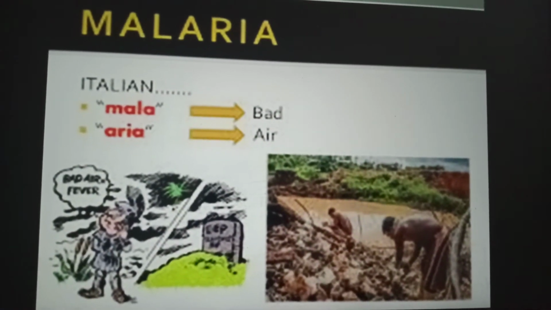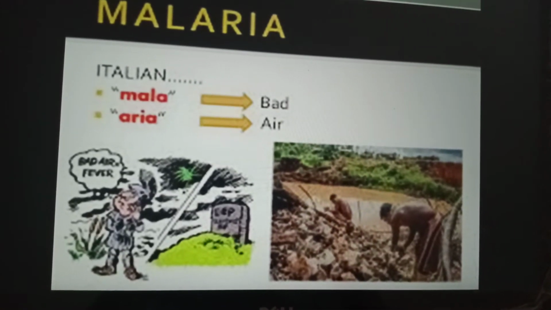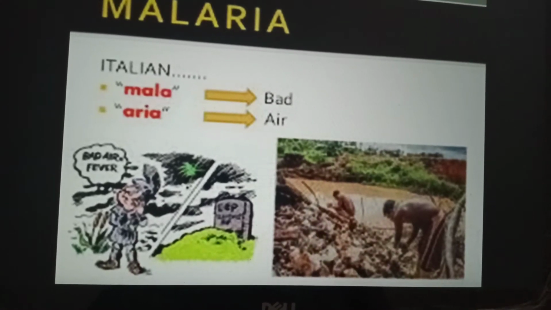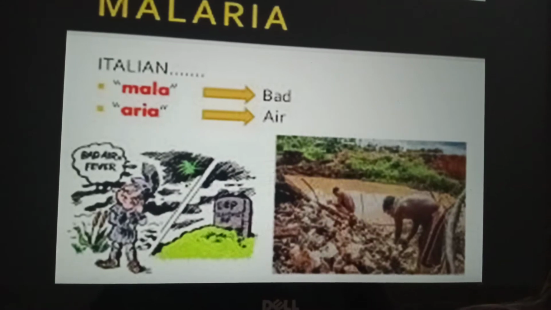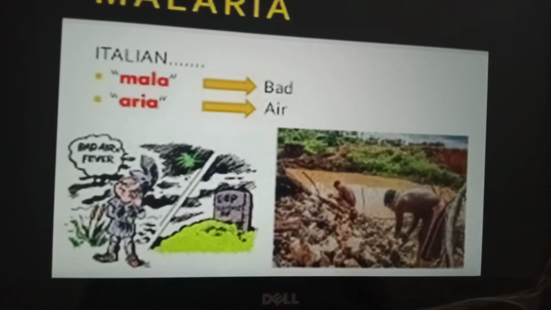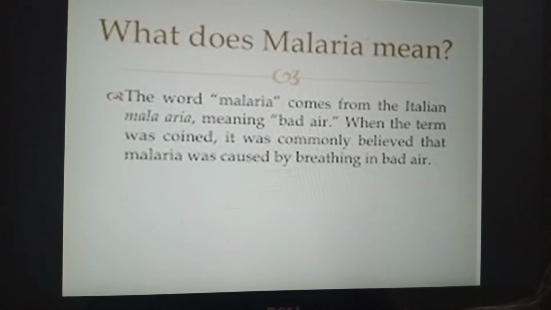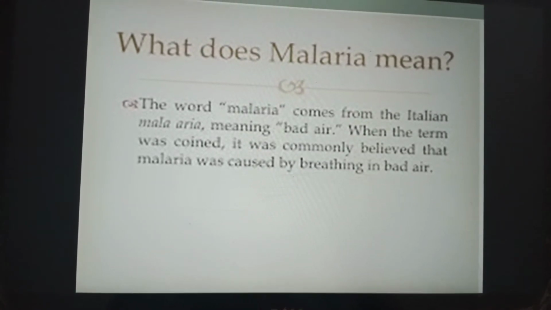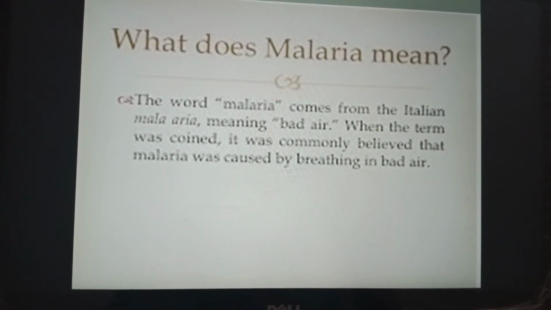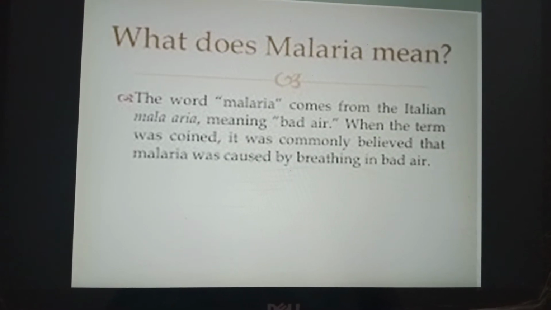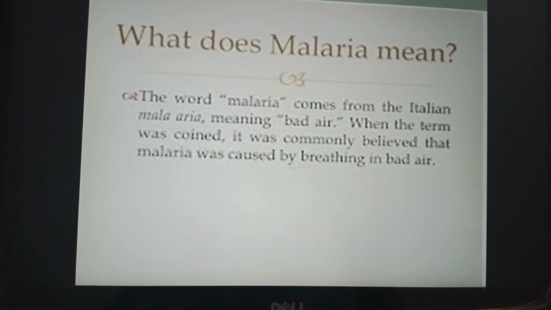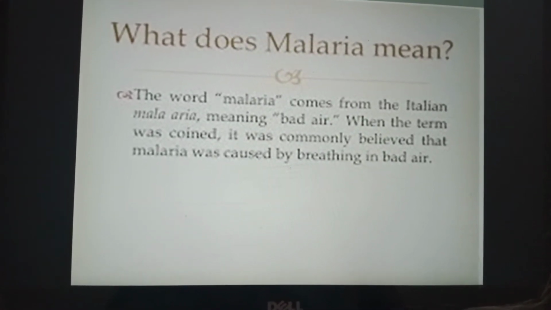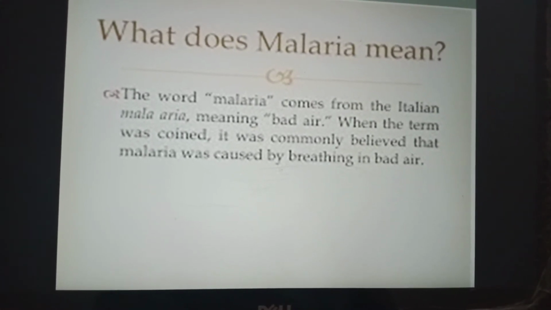The Italian word mala means bad and aria means air. What does malaria mean? The word malaria comes from the Italian mala and aria, meaning bad air. When the term was coined, it was commonly believed that malaria was caused by breathing in bad air.